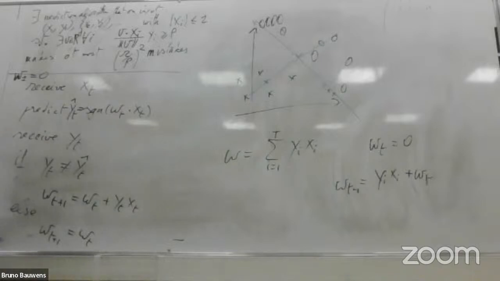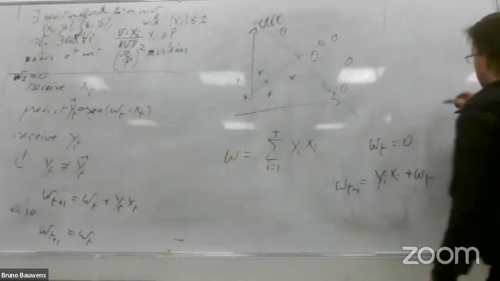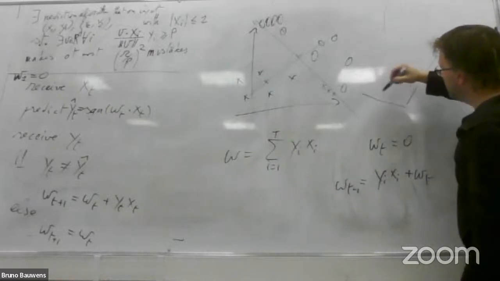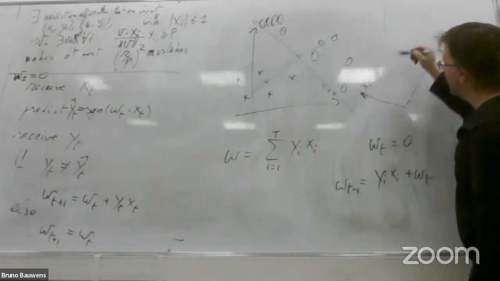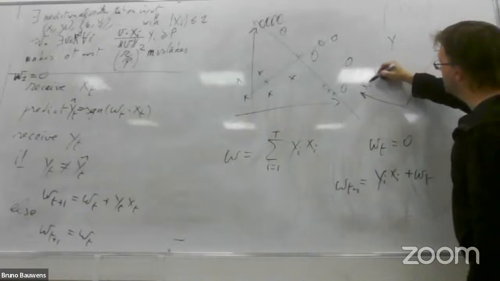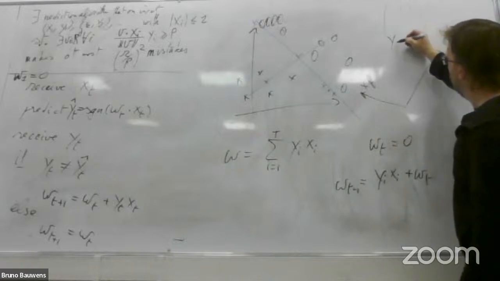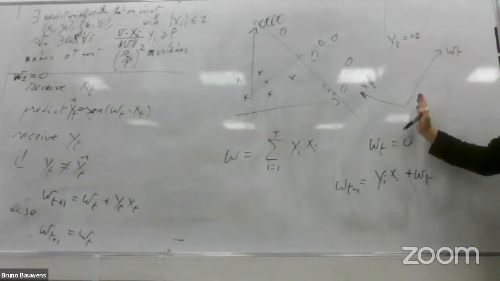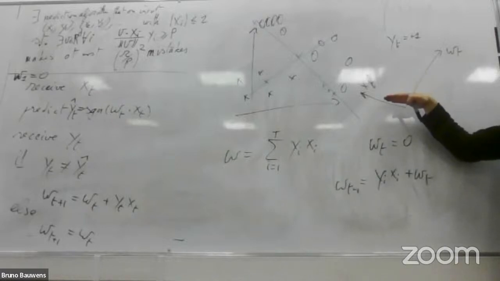The intuition is very clear. Imagine that this is our wt, and we receive xt, and yt is equal to plus 1. Then we have a problem: the angle is more than 90 degrees, which means we predict -1.